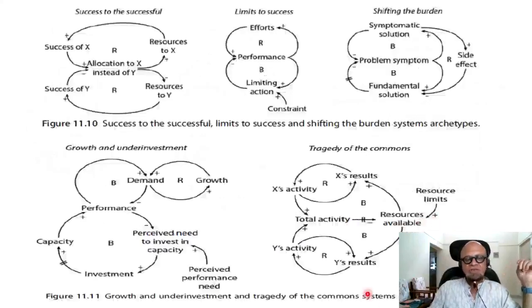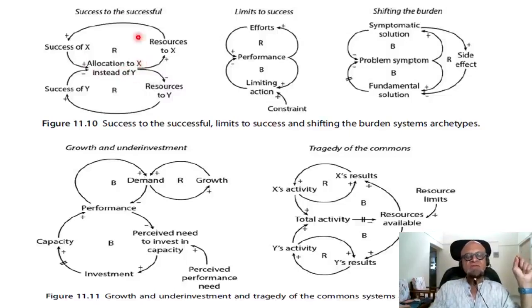Okay, so this is growth and underinvestment and tragedy of the commons system archetypes. Success to the successful is where the success of X, based on the action of X to corner resources, ends up having a negative impact on resources for Y, and then the action to reach success for Y ends up being contrary to the success of Y. In other words, here it's power as domination.